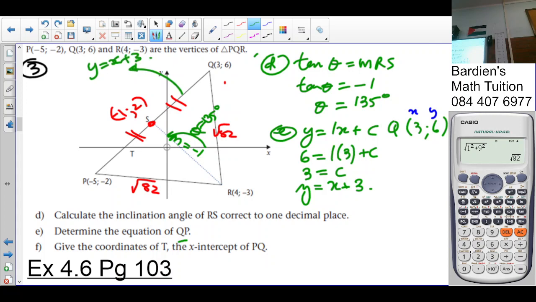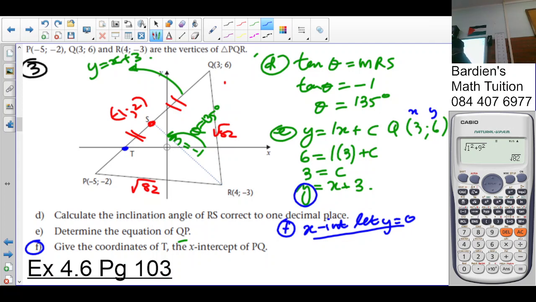That is E. Let's look at F. If the question says, give the coordinates of T, the x-intercept of PQ. How do you work out your x-intercept? X-intercept. Let y be 0.